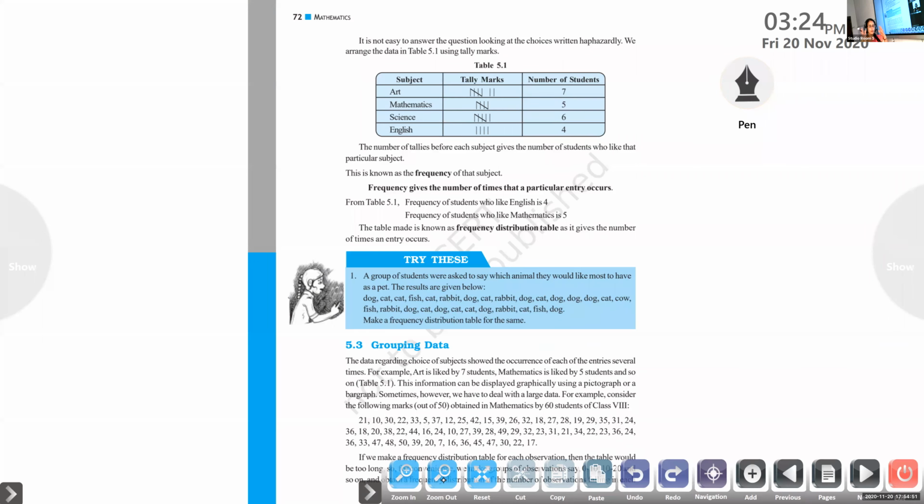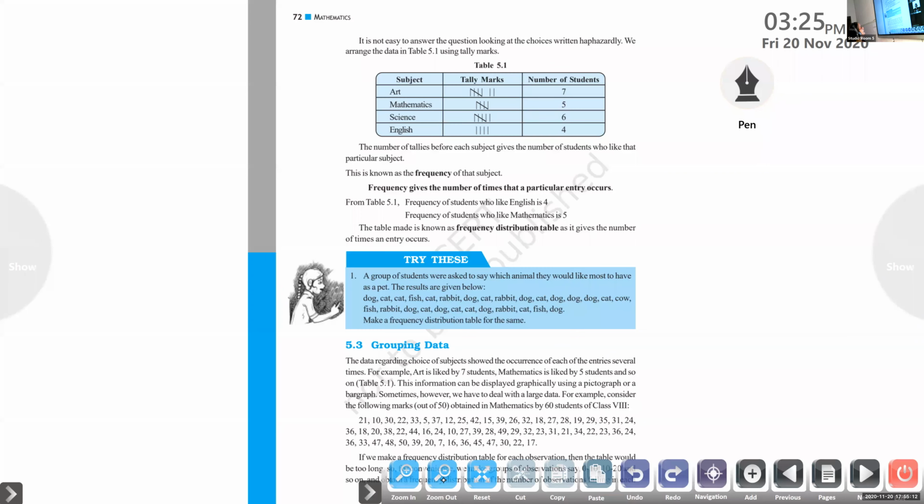First of all, we will organize the data. We will make an organized form of that raw data. The first collected data is known as raw data. And we will organize that data for analyzing. Okay, in a particular manner, we will analyze the data.